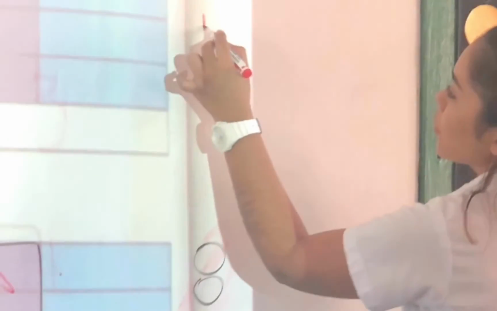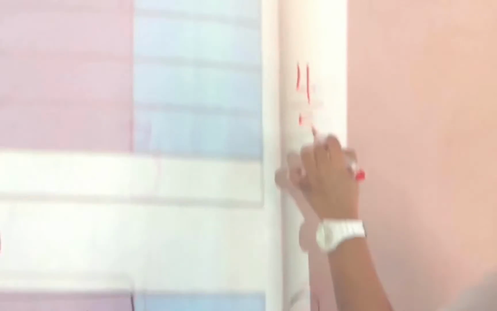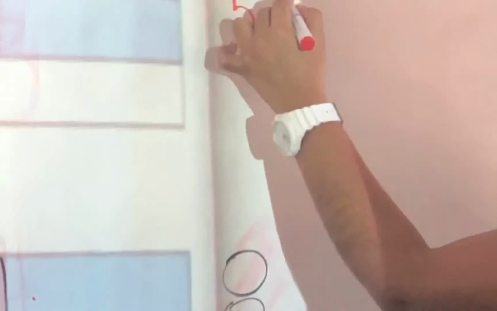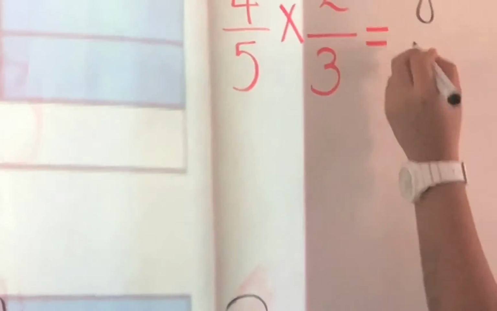So there is a simpler way to do it. We have 4/5, and we are going to multiply times 2/3. We go numerator times numerator. 4 times 2, 8.